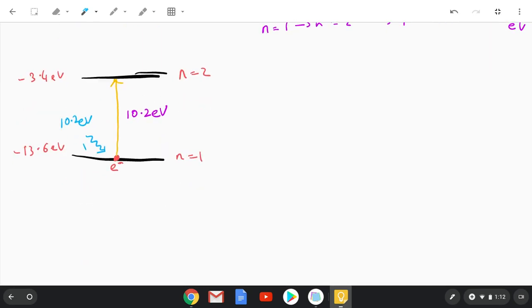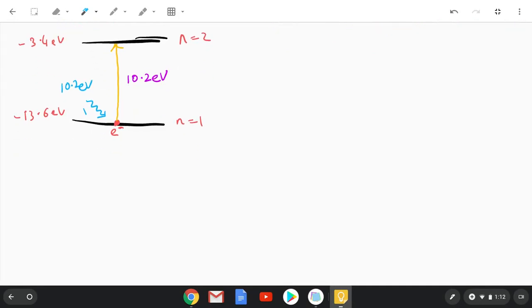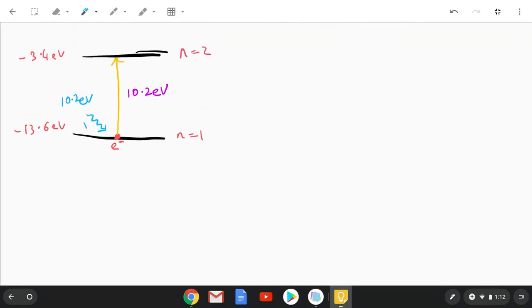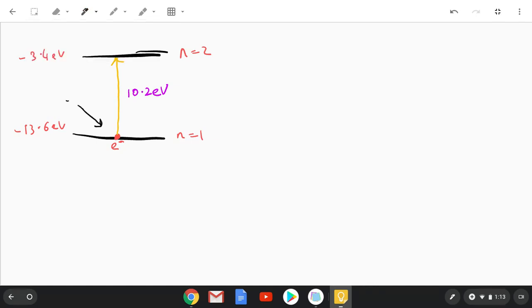Now, the other way in which electrons can jump an energy level or several energy levels is if the incoming particle, now we're looking at particles, it's not an incoming photon. So what we're now looking at is an incoming particle, and let's say an electron.